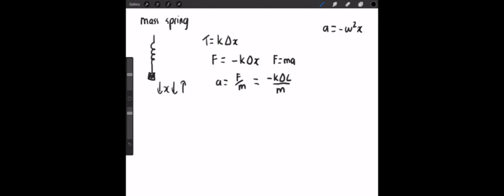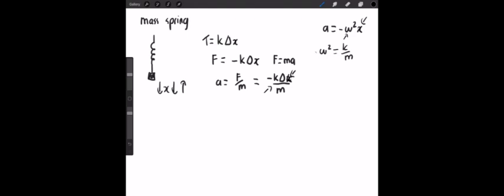It's very similar to what you do when you're trying to make something fit the equation of a straight line, for example. I can substitute in the acceleration bit here. This delta x is this x here, which means that omega squared, this one, must be equal to this one here, k over m.